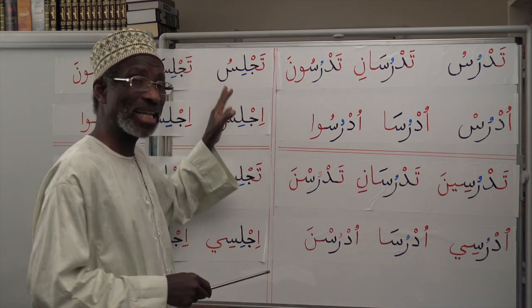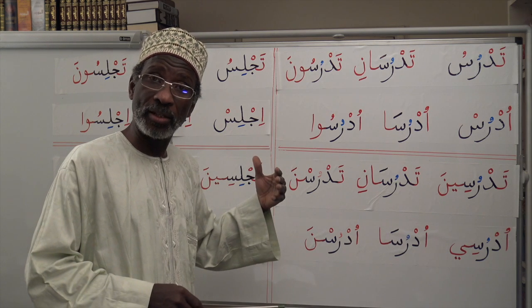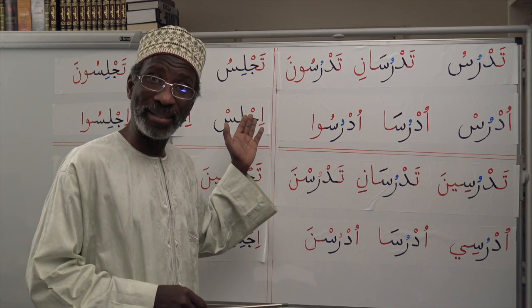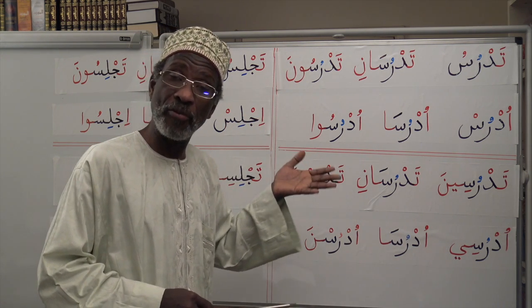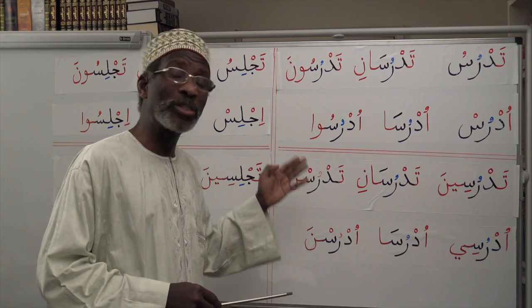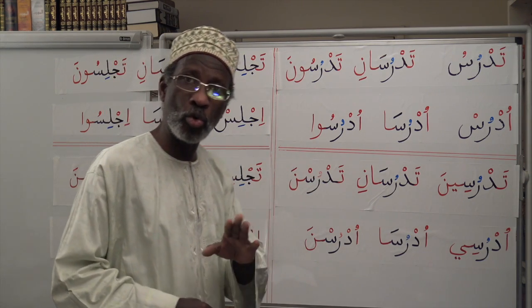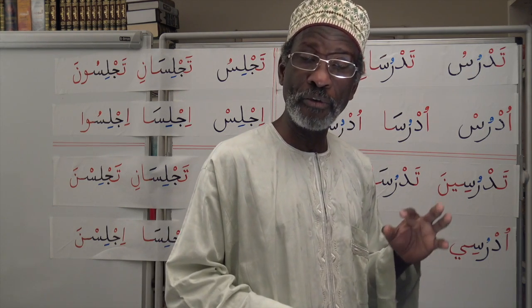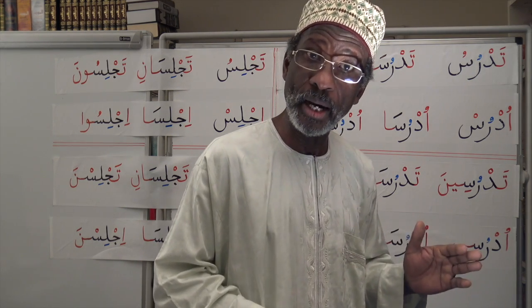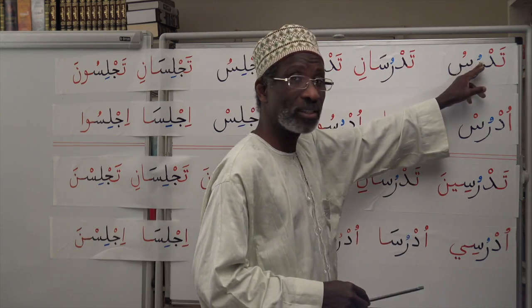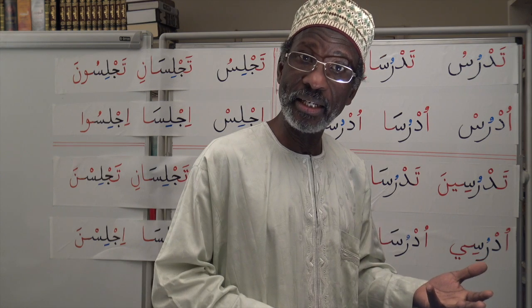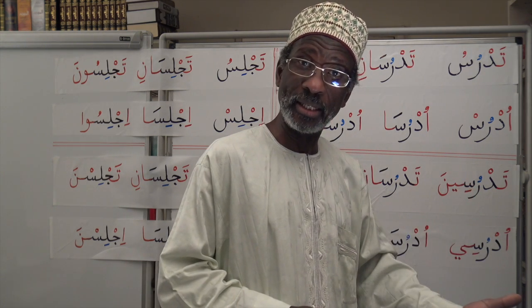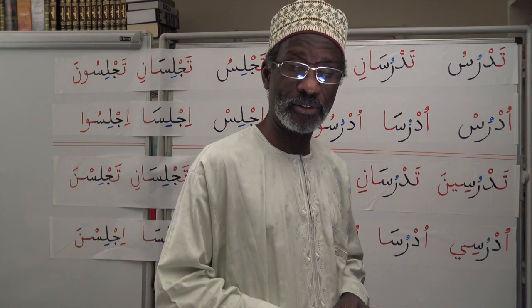Equally, if we have another category of verbs which carries fatha in the present tense, such as fahima yafhamu, you use kasra as well. So you have two possible vowels on your alif of imperative: either dhamma if the second root is carrying dhamma in the present tense, or kasra if the second root letter carries fatha or kasra in the present tense.